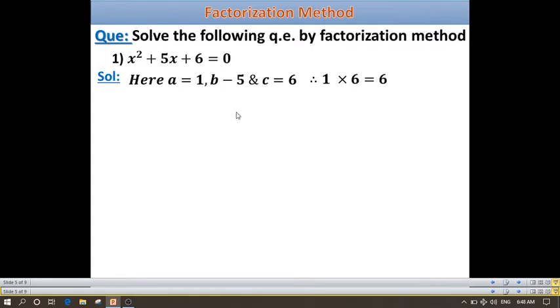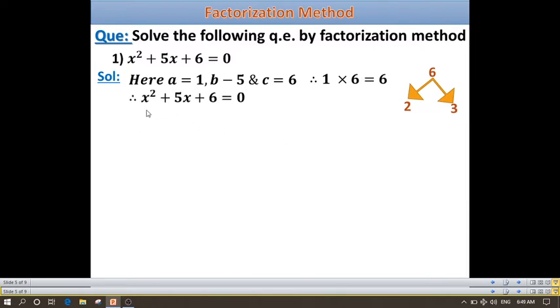Now taking product of a into c, that is 1 into 6 is equal to 6. Now take two suitable factors of 6 such that addition is equal to 5. So 2 and 3 are the suitable factors.